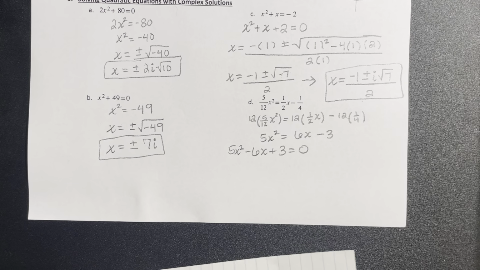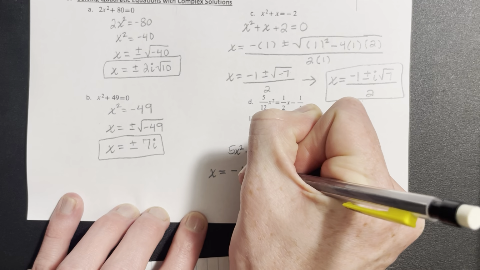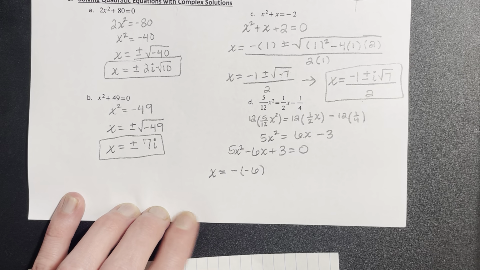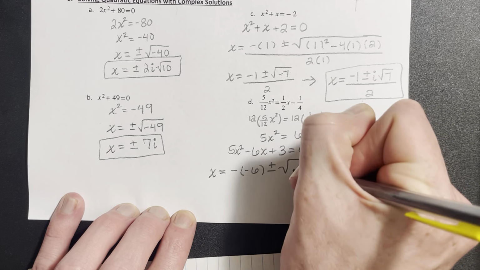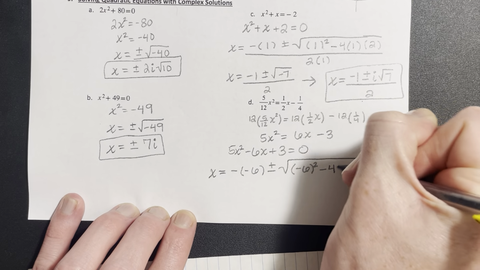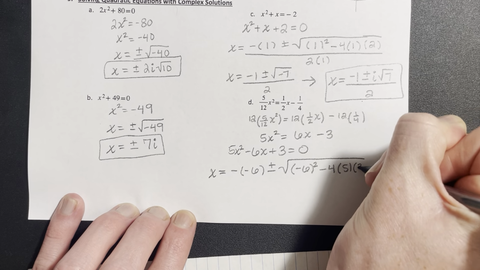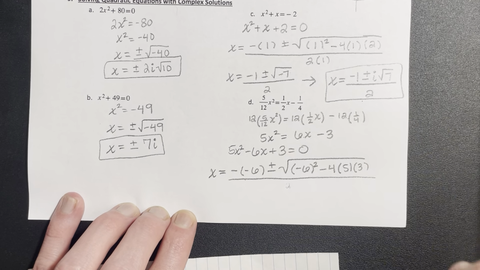Then if I do the quadratic formula, we have x equals negative b, so negative 6, plus or minus the square root of b squared, so negative 6 squared, minus 4 times 5 times 3, all over 2a, so all over 2 times 5.